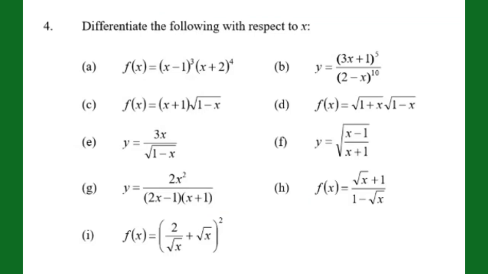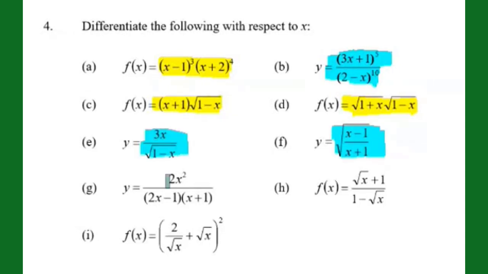Number 4, this one we cannot do anything yet because you need to use the product rule. And then this one is the quotient rule and product rule. And this one is the quotient rule.